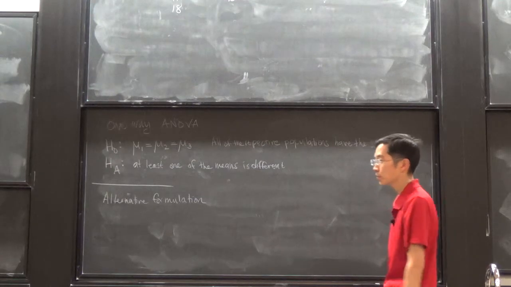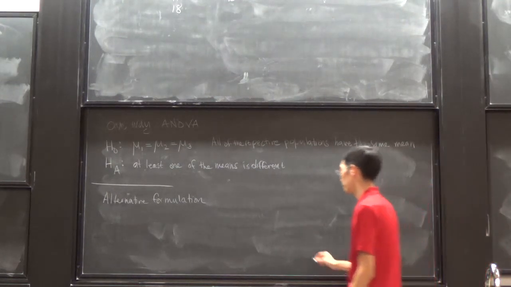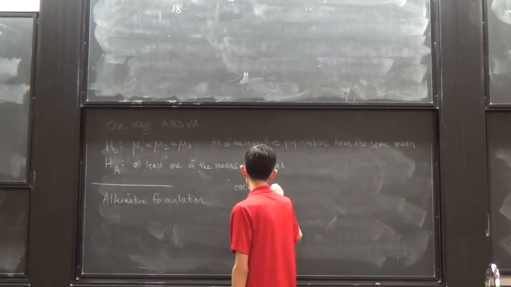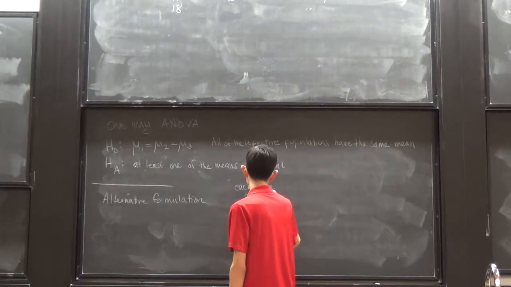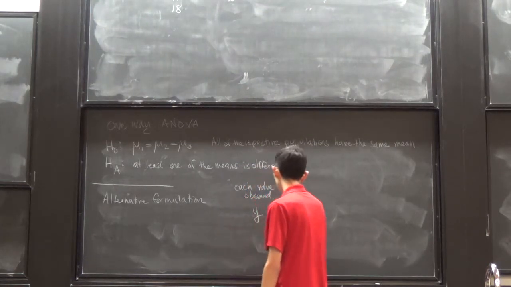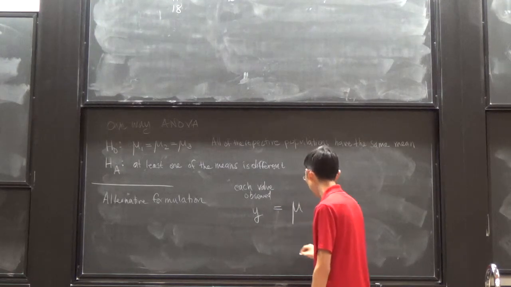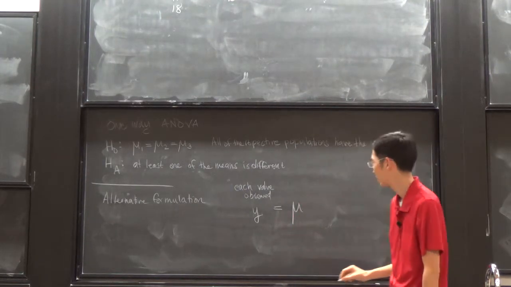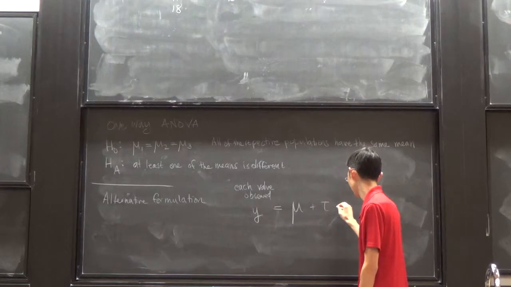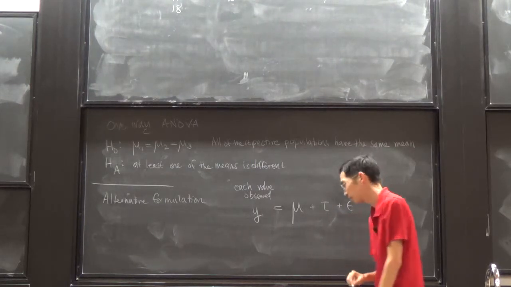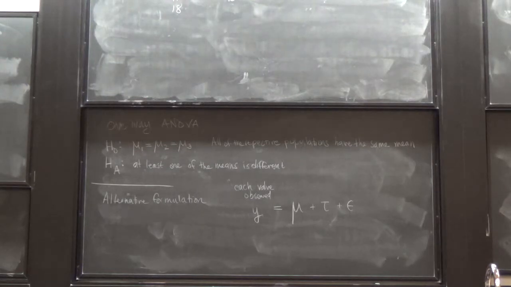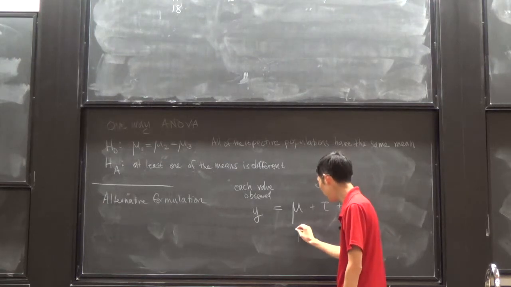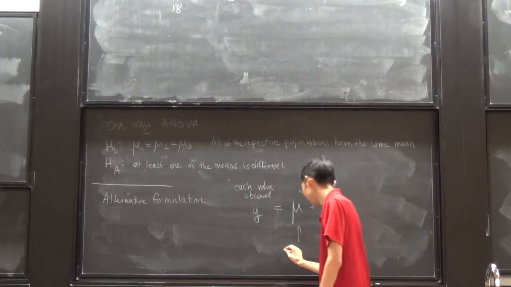And in the alternative formulation, we're saying each value observed, y, can be thought of as mu, which would be, let me just write this. This is the alternative formulation. This would be the mean of everything, okay?